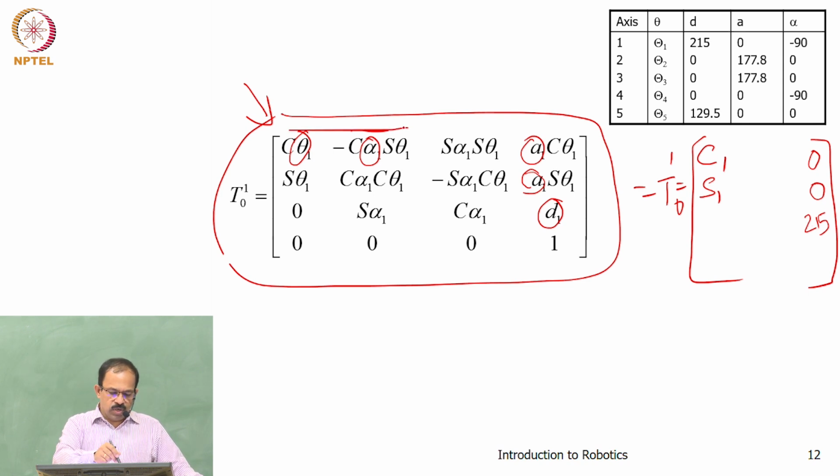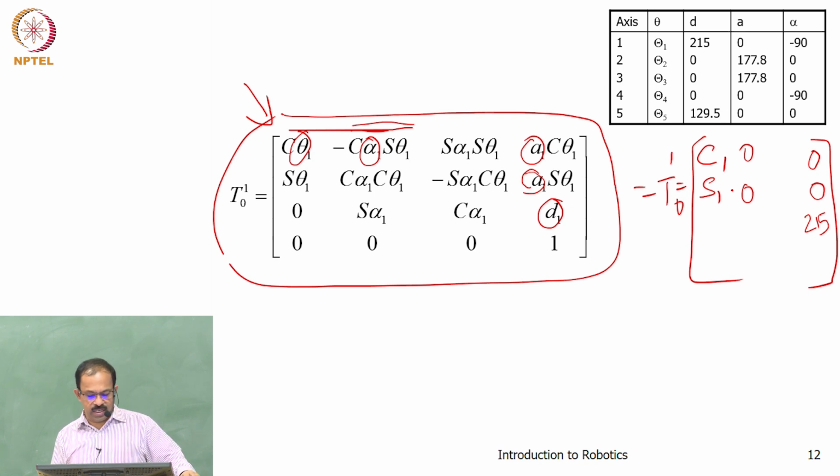And then what will this one be? Alpha 1 is minus 90. So cos minus 90 is, what is cos 90? 0, right? So this will be 0, and sine minus 90 is minus sine 90, which is minus 1.